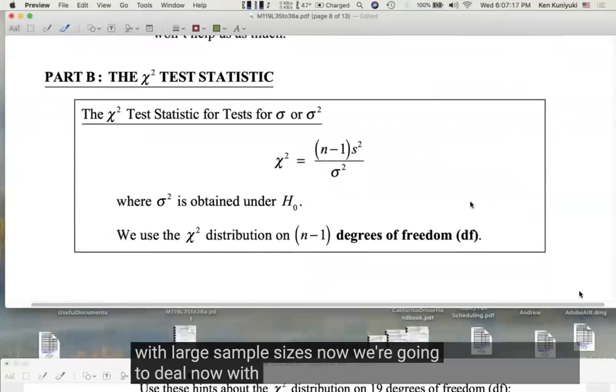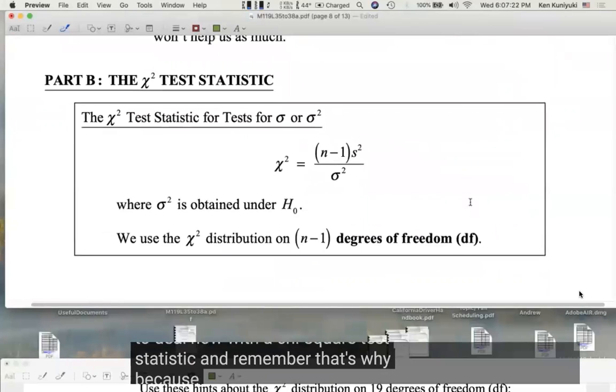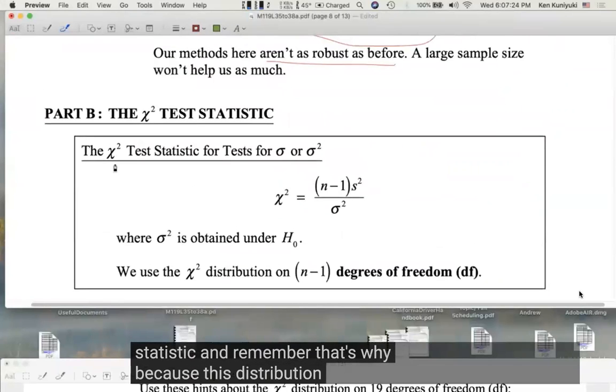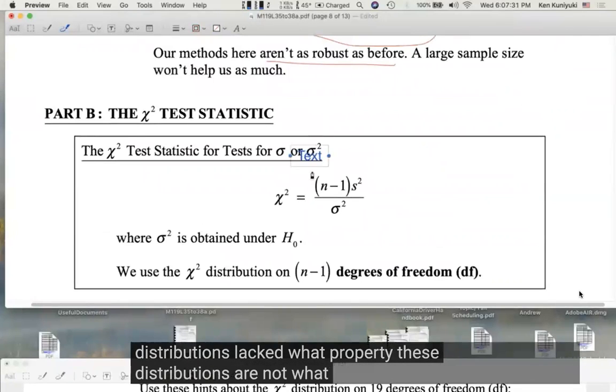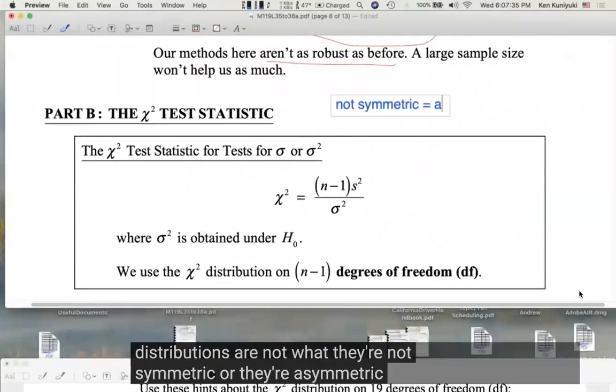Now, we're going to deal with a chi-square test statistic. And remember, these distributions lack what property? They're not symmetric, or they're asymmetric.